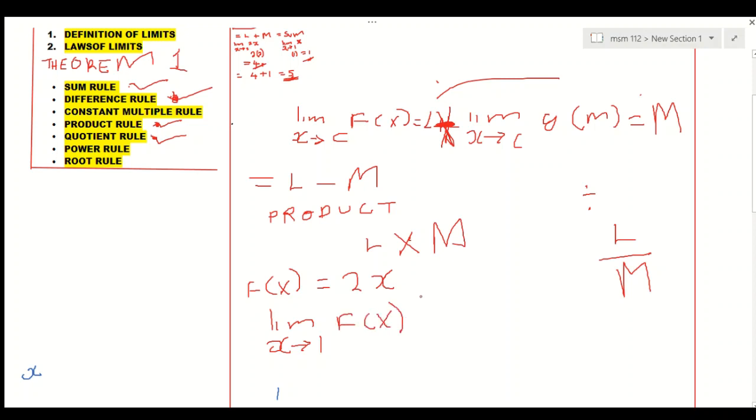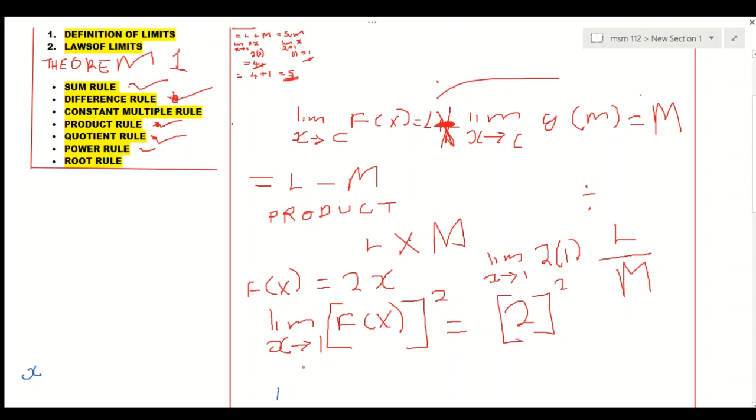Now in this case, there is a power there. This power should never be a negative power. It should always be a positive power. So this is the power rule, positive power. So this means this is equal to this. The limit as x approaches 1 of this function, just substitute, you put 1 there. You see? Then the value you find is 2. Then you come and square it.